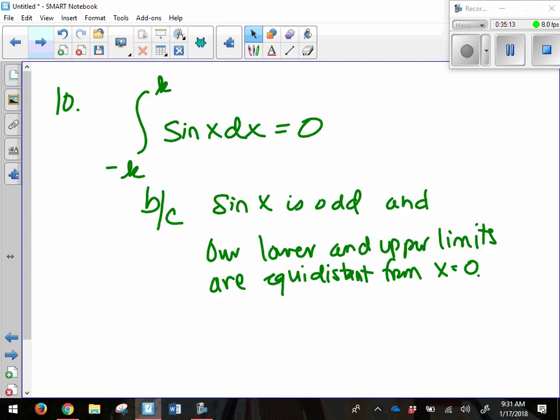If you're not taking a symmetrical interval, you can't go from like negative k to positive 2k and get 0. It's got to be the same distance on both sides. Okay? All right, so I think the bell's going to ring, and we will end here.